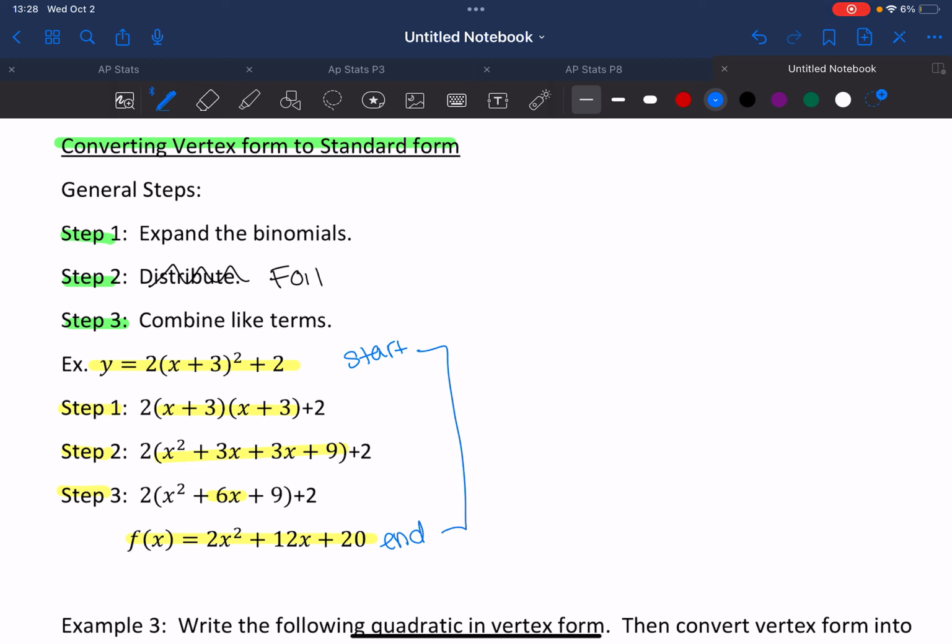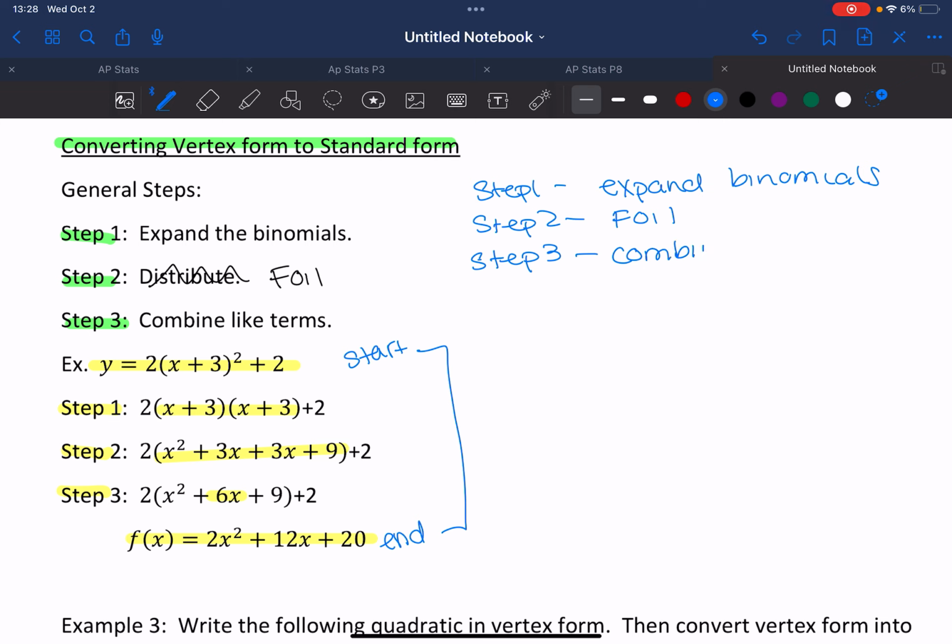So really, if I was writing out the steps, I would probably do step 1, expand the binomials. That doesn't change. Step 2, FOIL. Step 3, combine like terms, so that one doesn't change.